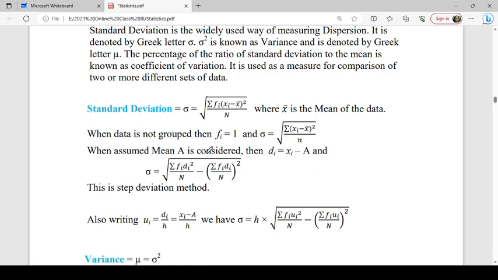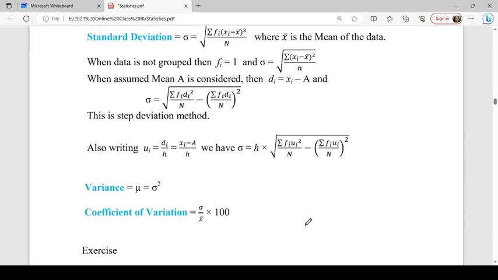Assumed mean a is considered, then di is xi minus a. Then we make this column summation fi di square. Then this is the formula. And for the step deviation method, as in case of mean, we found the length of the class interval h, and ui is (xi minus a) by h, and this is the formula for standard deviation.